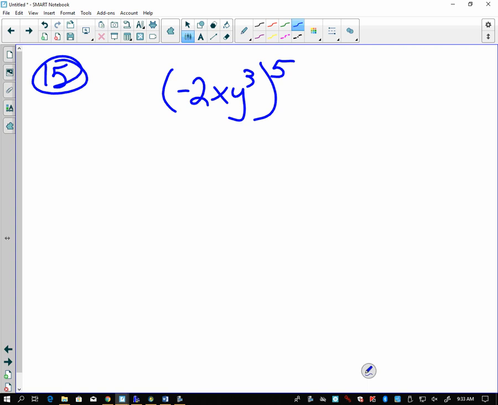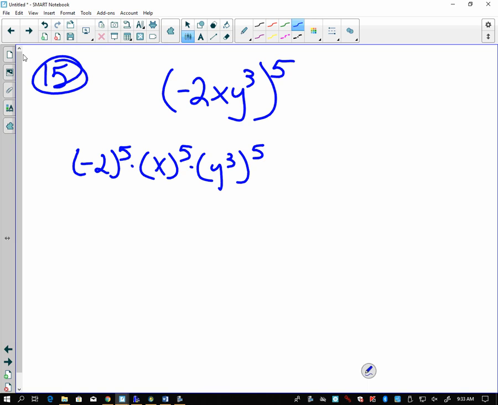What do I do first? Distribute the 5. And by that, could we expand this a little bit? Could I write that as negative 2 to the 5th, and then x to the 5th, and then y cubed to the 5th? Do we understand this a little bit better?